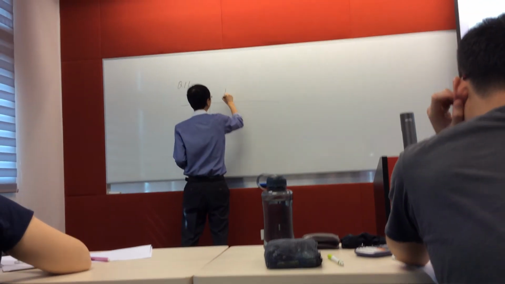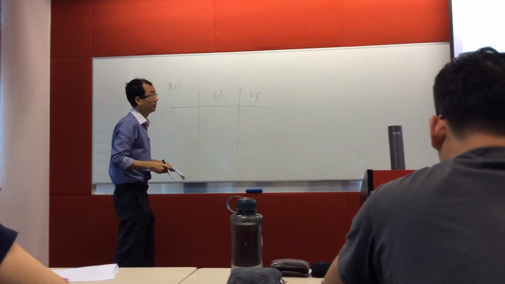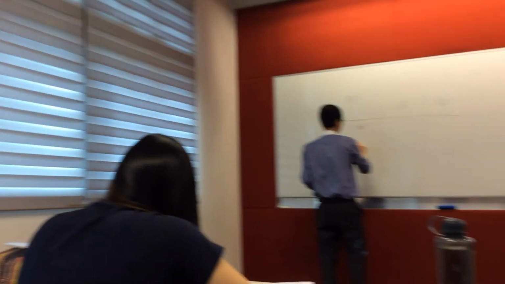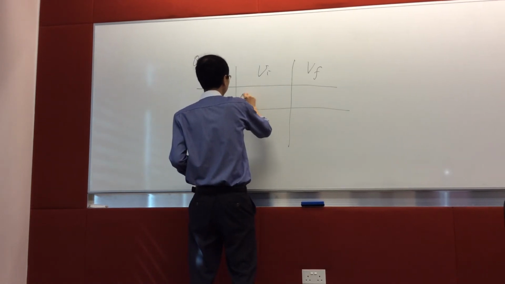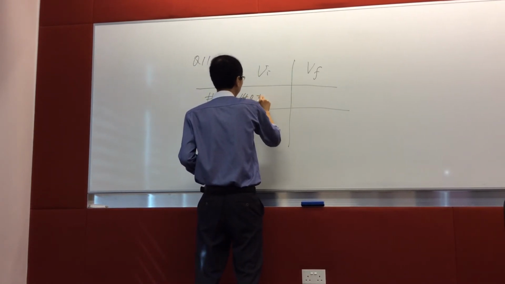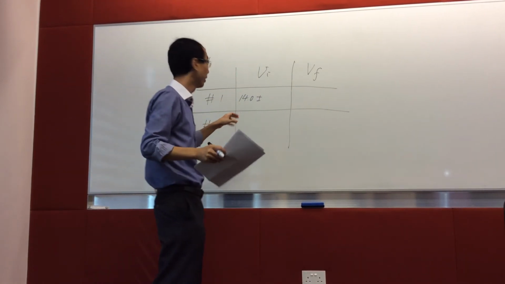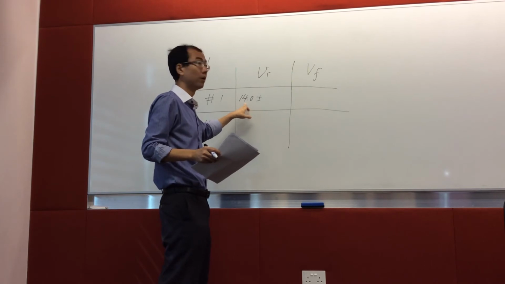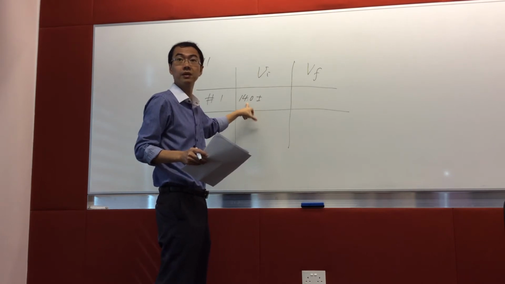Okay, you have the VI, you have the VF. This is file number 1, and this is file number 2. So the best estimate is 14.0, and because it's 1% fractional uncertainty, it will be 0.14. The absolute uncertainty will be 0.14.